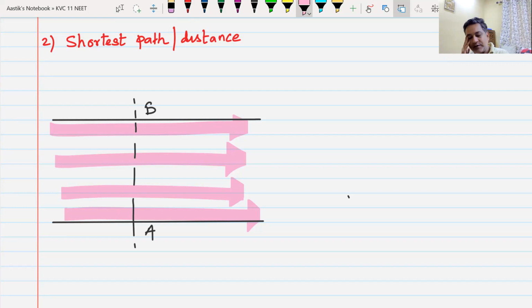From any point A to any point B, what is the shortest path? No one knows it?